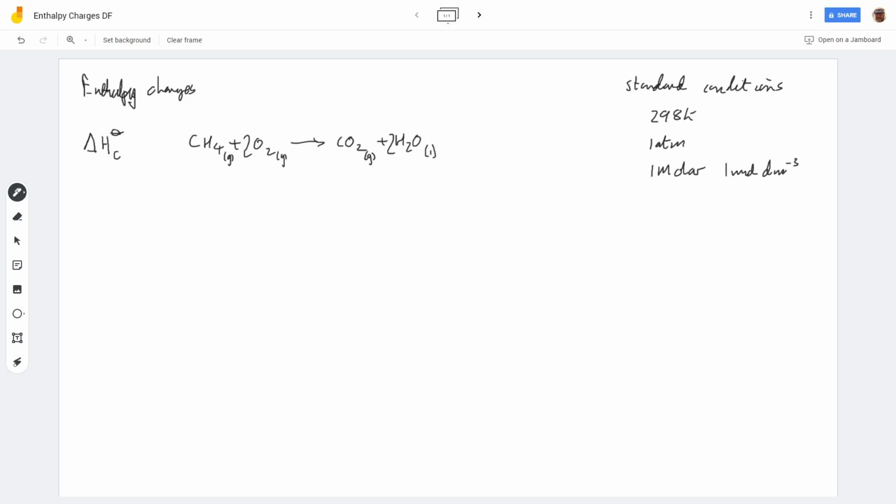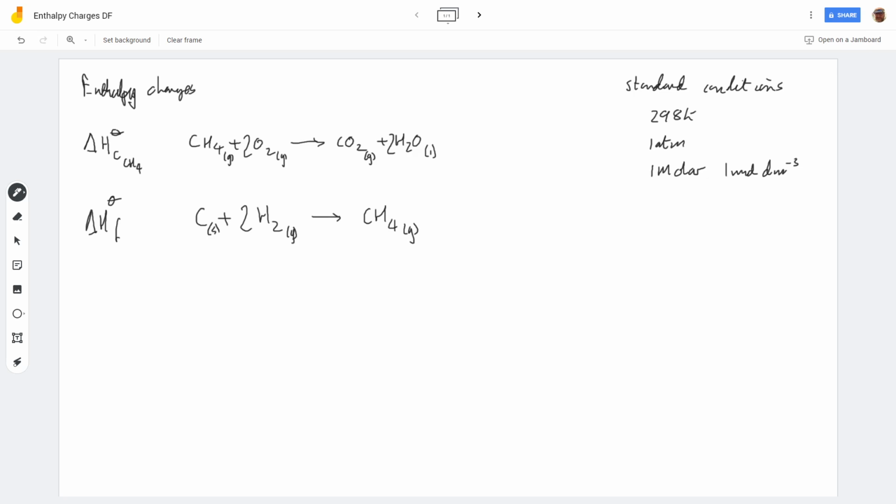Another one that you're going to have to use quite a bit is an enthalpy change of formation. So this here would be the standard enthalpy change of formation of methane. So the enthalpy change of formation is when 1 mole of a compound, has to be 1 mole of a compound, is formed from its elements in their standard state at standard conditions.